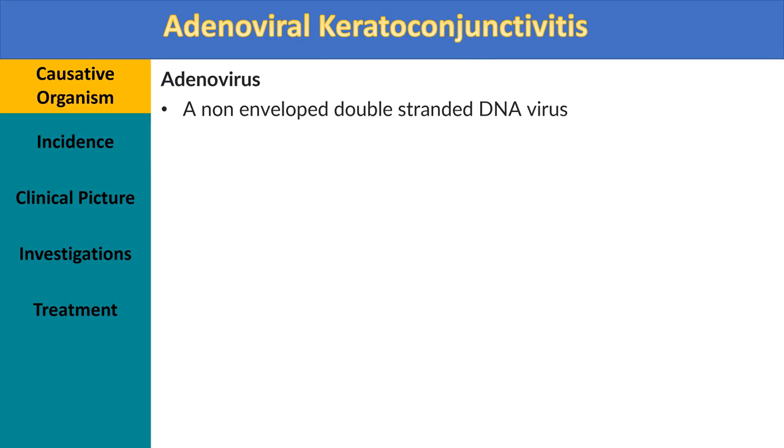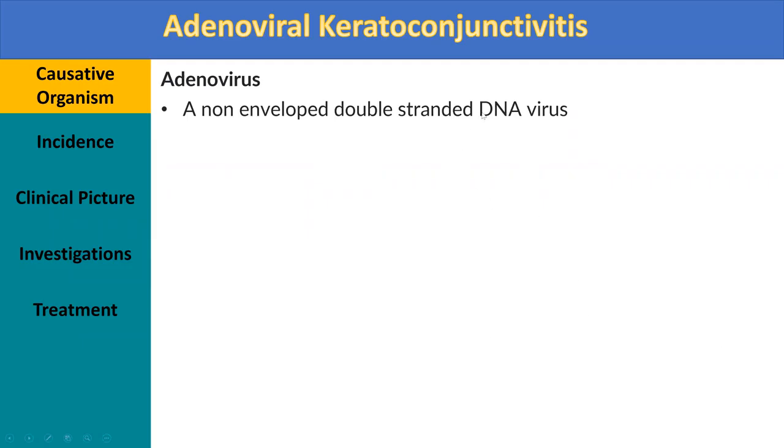So what is adenoviral keratoconjunctivitis? Let's see the whole story of the adenovirus. Very important and asked in the exams is the type of the virus. They ask you if it is single-stranded, double-stranded, DNA, or RNA. Please focus on this little thing that you may miss if you are reading alone.